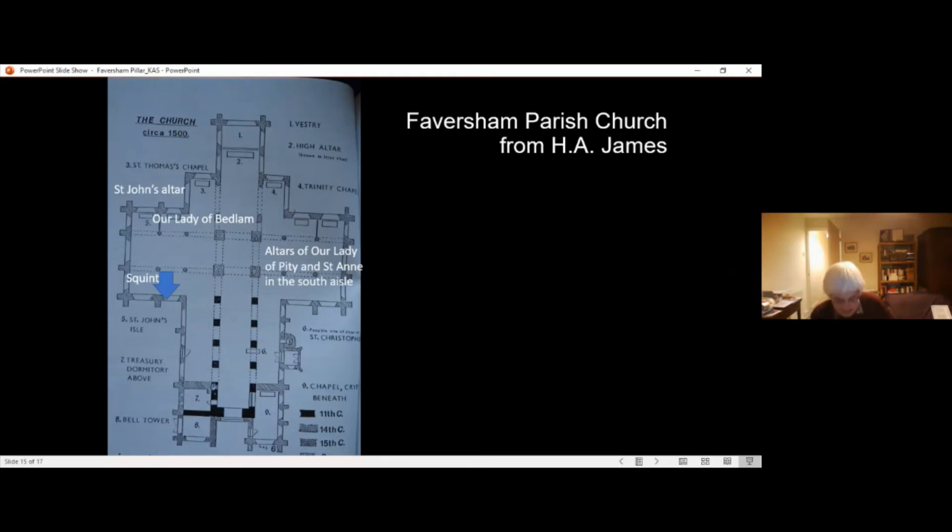Well, I think there are tantalizing pointers that come from Faversham, in so much as I think we can put forward the idea that the people in late medieval Faversham did have knowledge and understanding of relatively sophisticated ideas about spirituality.